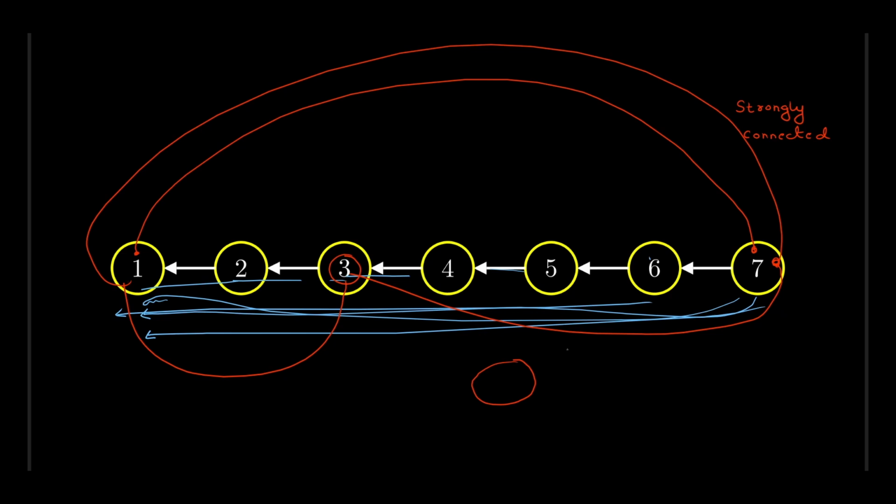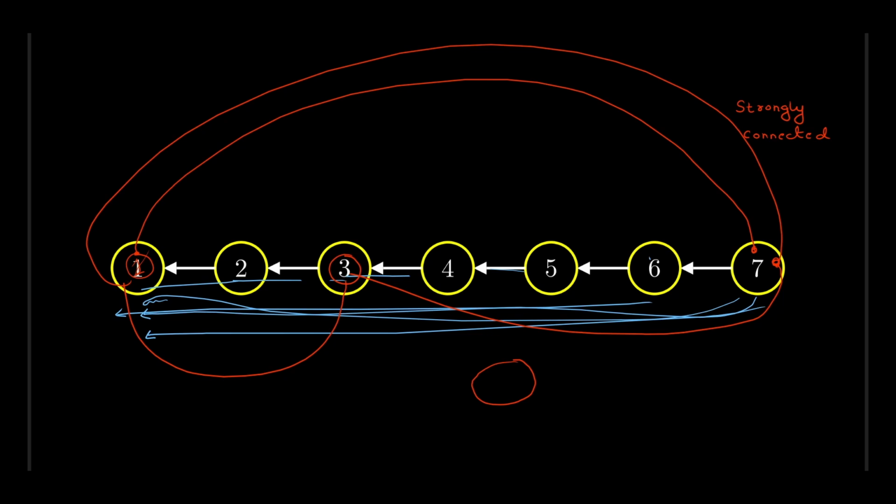Reaching 7 either directly or indirectly is a sufficient condition, but also a necessary condition, because if you're not able to reach 7 from 1, then 1 does not follow the condition of strongly connected. So that is why you can say it is necessary as well as sufficient.